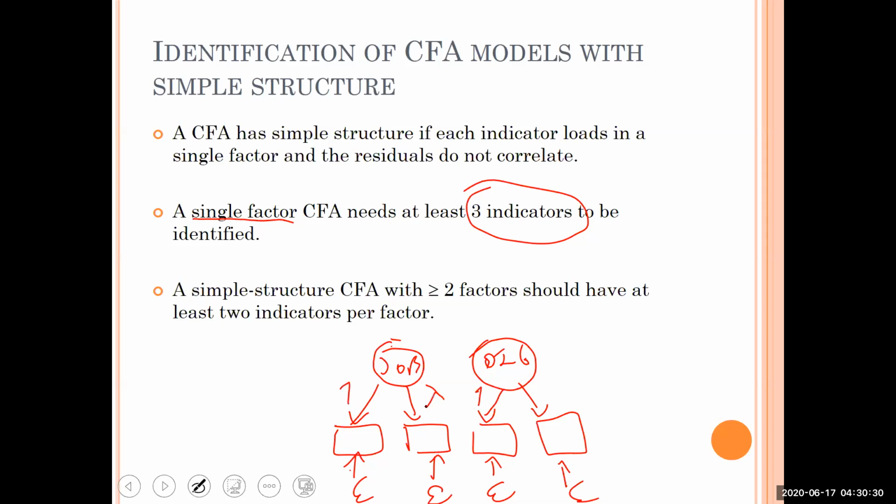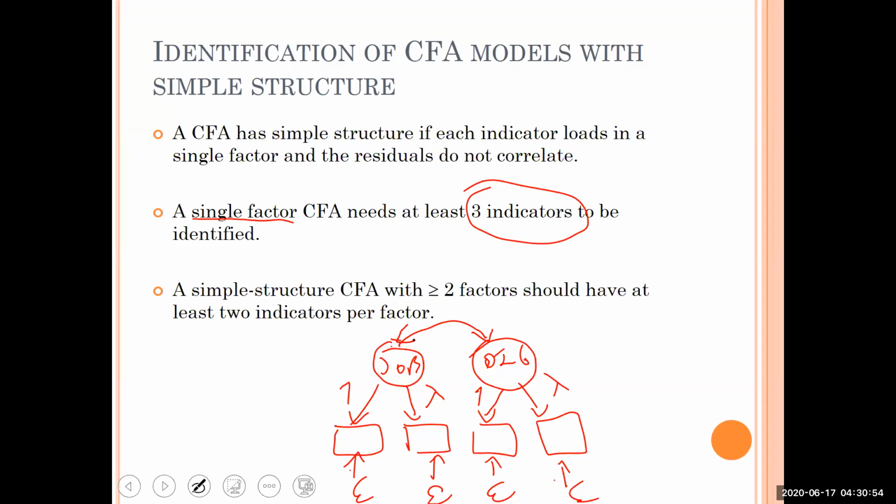We are freely estimating these 2. We are estimating 2 factor loadings, we're estimating 4 error variances. So that's 6 parameters. And then we are estimating 2 factor variances, that's 8 parameters. And then, typically we would also estimate the covariance between job satisfaction and organizational commitment.